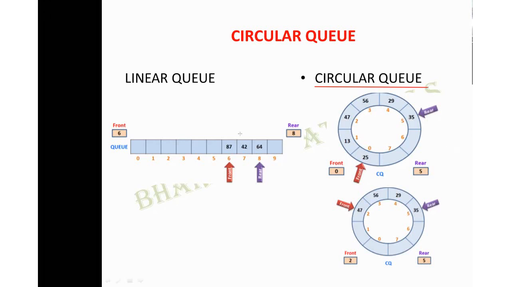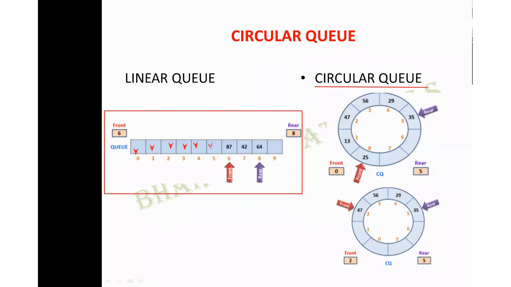Now see this diagram. This is your linear queue. Now see in these positions, 0, 1, 2, 3, 4, 5, there are no elements.